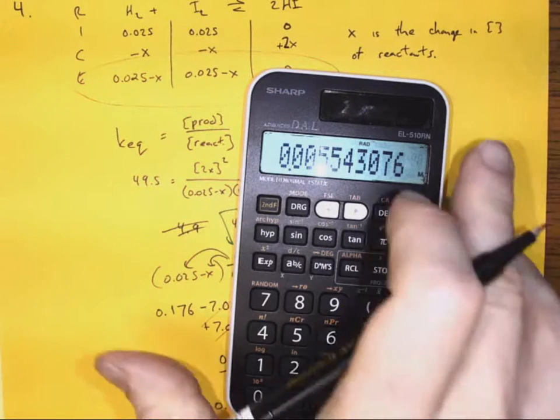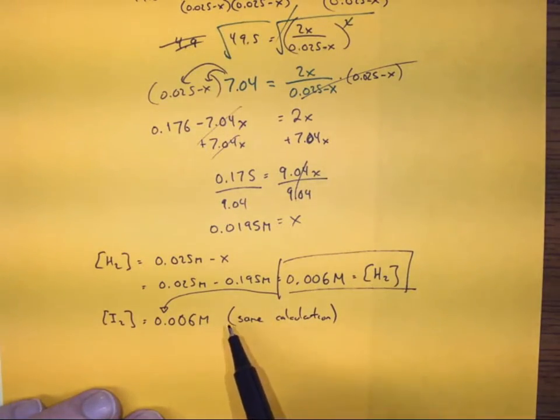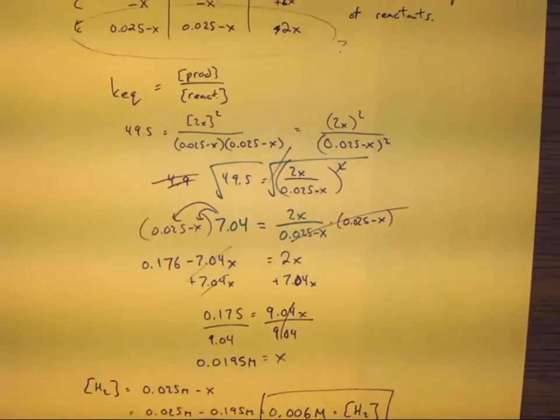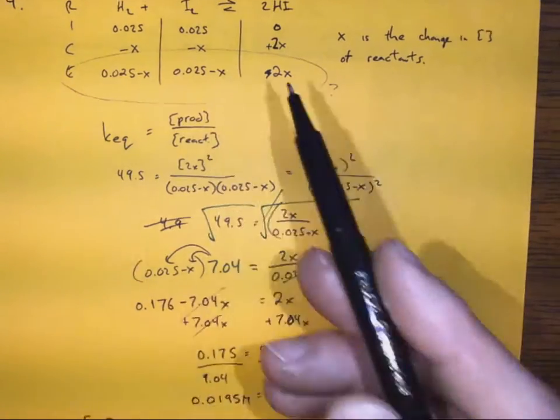So I'll just make a little note there. I've got 0.06 molar, again for my iodine, because I'd have the same calculation, because my iodine concentration at equilibrium was still 0.025 take away x.